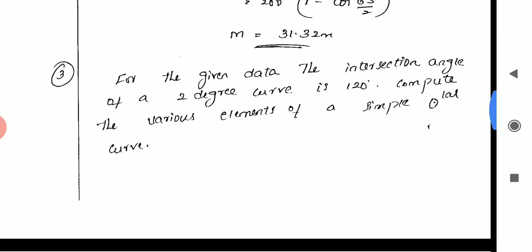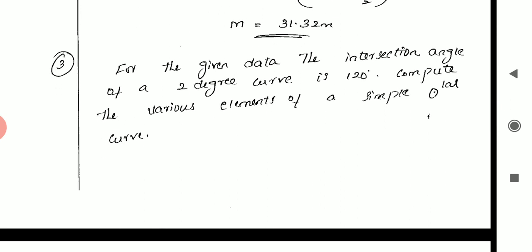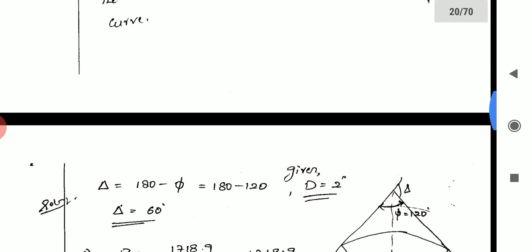Okay, next problem is, for the given data, the intersection angle of a 2-degree curve is 180 degree. Compute the various elements of a simple circular curve.